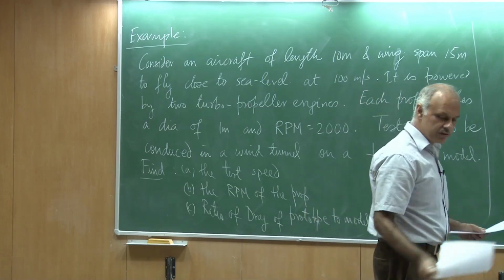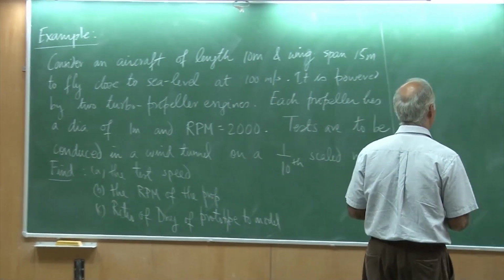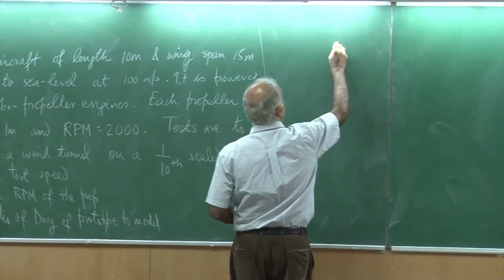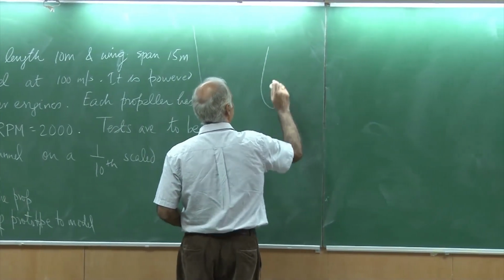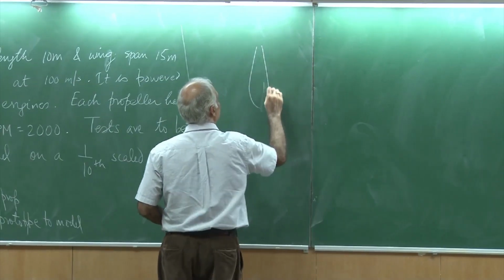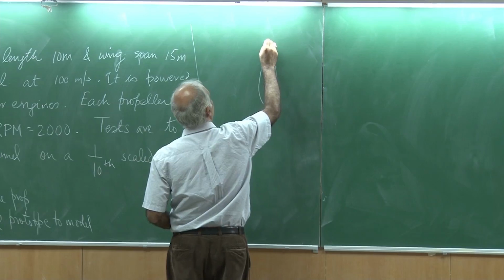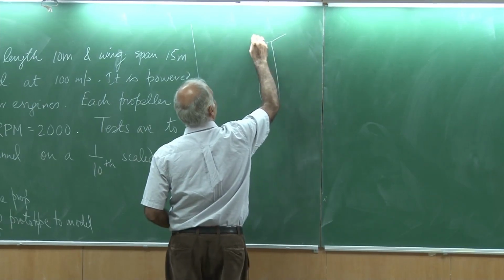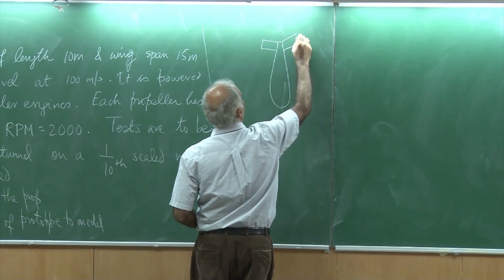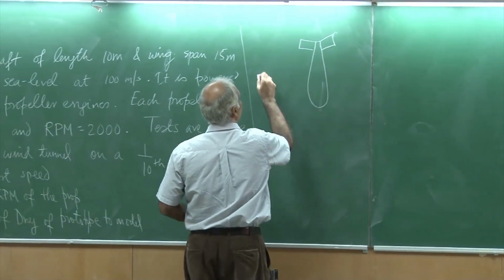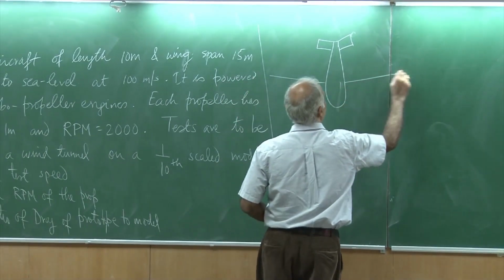So, let me draw for you the picture of the aircraft. Let us say this is the tail plane, and this could be my wing.